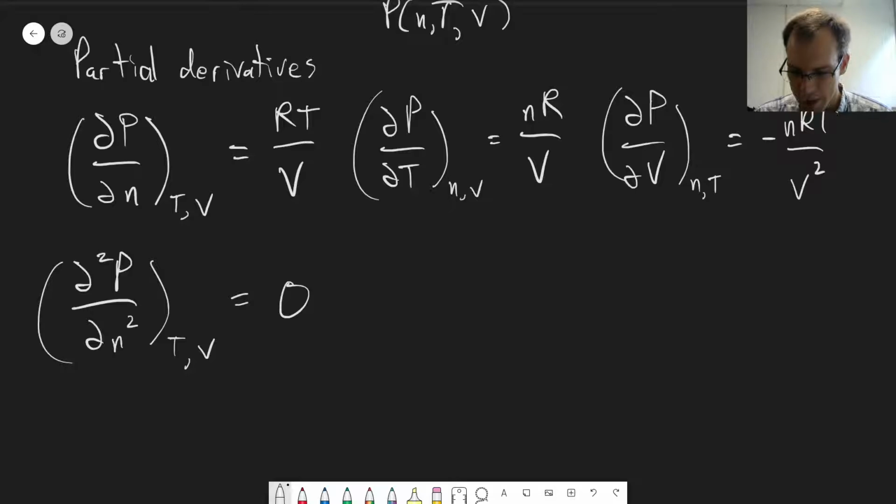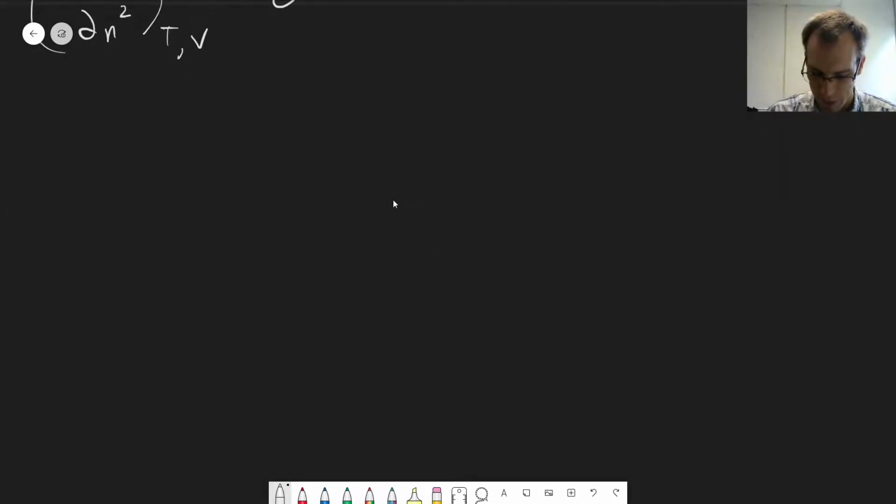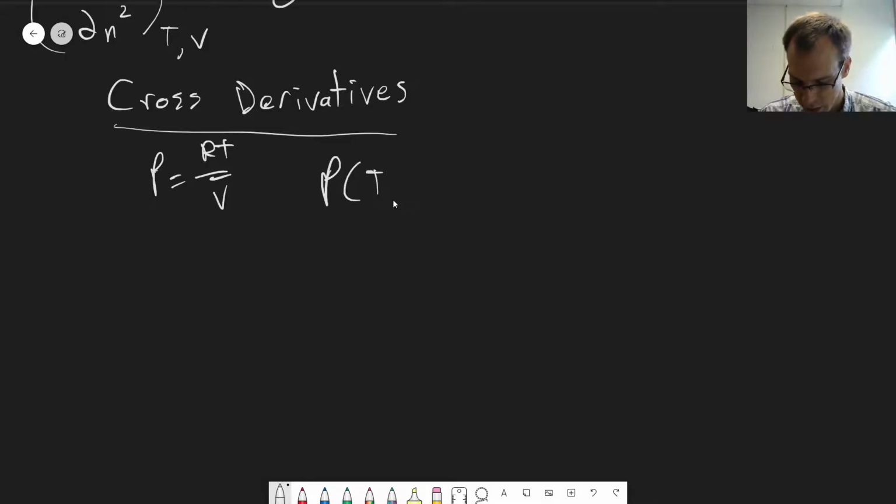Let's go ahead and rewrite the ideal gas law with just two variables. For cross derivatives, we can do this by combining the n and V into a molar volume. So let's say we have P equals RT over V bar. Now we just have P as a function of T and V bar, and we can take two partial derivatives.